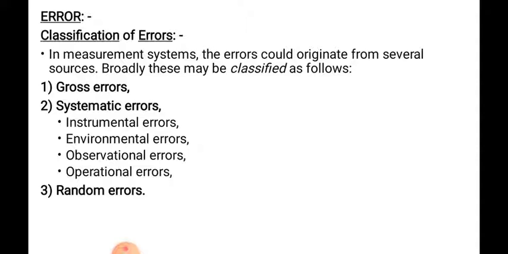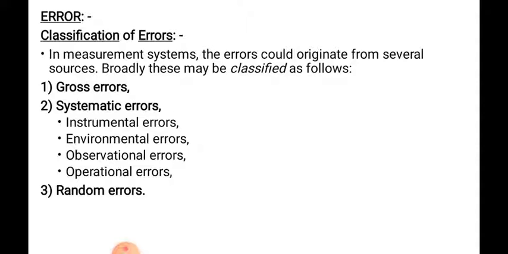A few of these we have already studied: the inertia of the rotating parts present in the instrument, wearing and tearing, corrosion, and environmental conditions, how hot or cold the climate is. These are the different sources responsible for the occurrence of errors in the instrument, and they are broadly classified as follows.